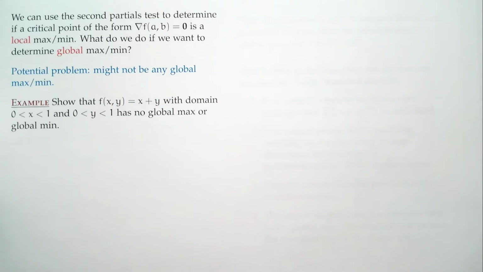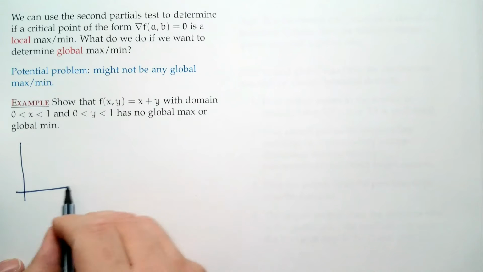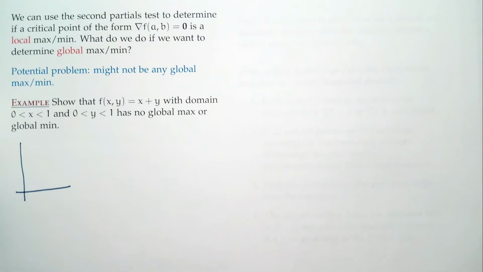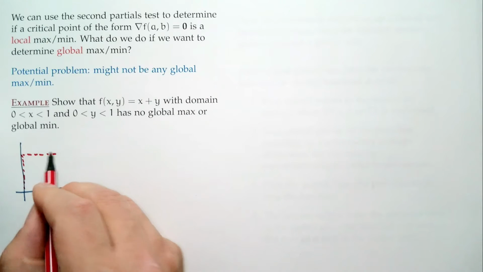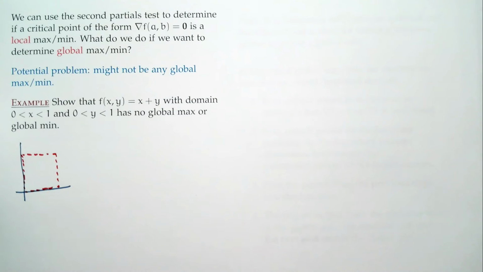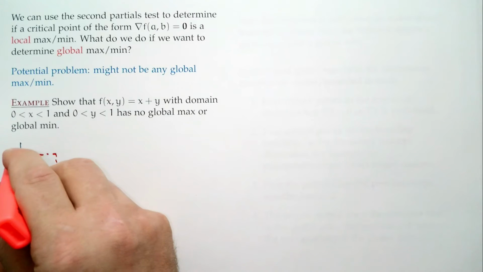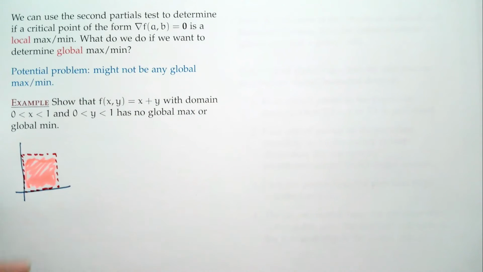So we're going to have x going between 0 and 1, and y going between 0 and 1. If we were to sketch our domain, it's a square without including the edges. So it's a dashed line, and then our domain is all the points here in the interior.